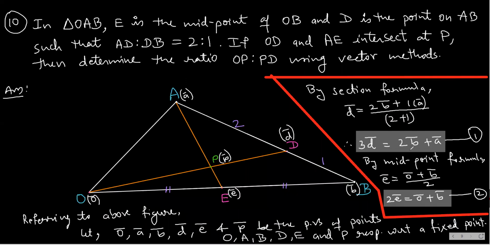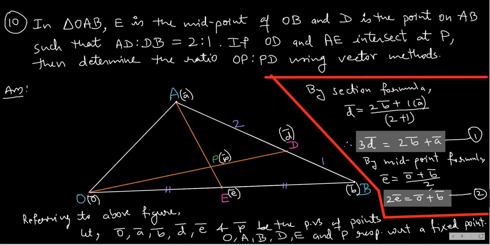Why am I trying to eliminate B? Because I want the relation between A, E, O, D, which I see in these two equations. See, I do see A, E, O, D. The only thing that I do not want is point B. So I will try eliminating B bar from these two equations.